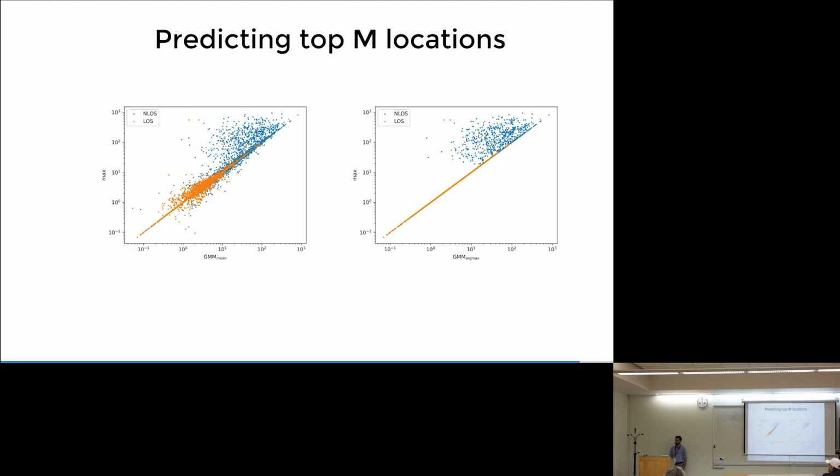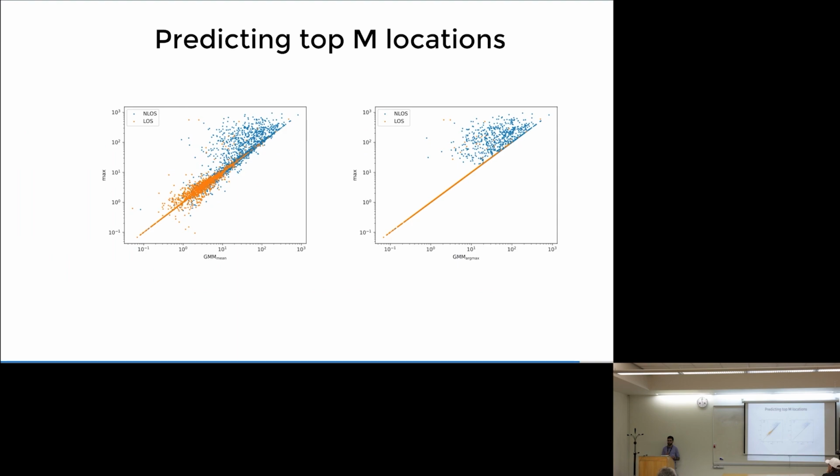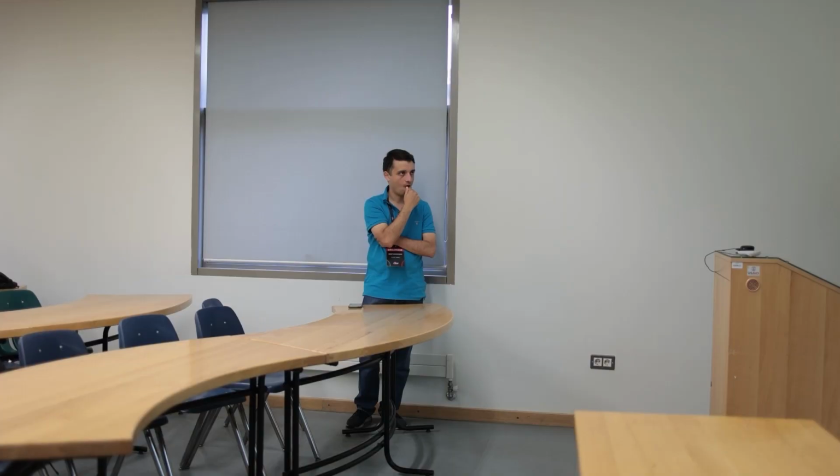So you want all the points to be above the diagonal. But then we had a few points below the diagonal on the left, and you said that's because the mean of the Gaussian mixture sometimes is off. It's in a black spot where we don't have a higher intensity. So I think that explains why we see some points below the diagonal in this case.